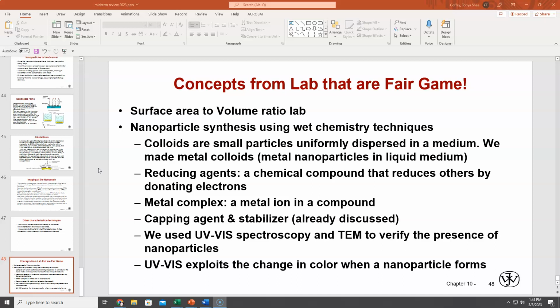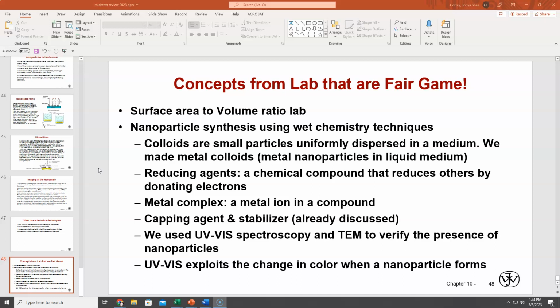Then we used different techniques to look at our metal colloids to make sure that we had actually made nanoparticles. So there were two different techniques that we used for that. The first was UV vis spectroscopy, and what that does is it shows that the color changes when a nanoparticle forms, and it actually can give you the wavelength that is preferentially absorbed when the nanoparticle forms. And we did that.